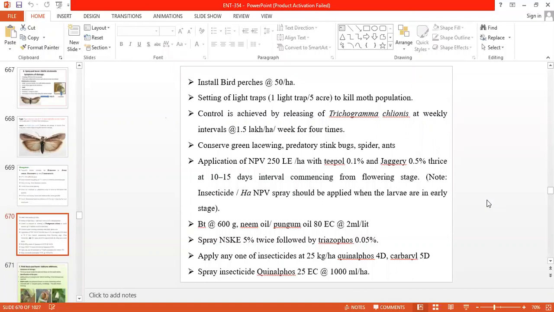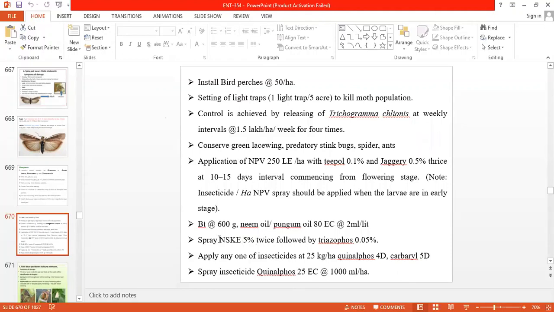Control is achieved by releasing Trichogramma chilonis, 1.5 lakh eggs per hectare per week, 4 times. Conserve green lacewing, predatory stink bug, spiders, ants. Application of NPV 250 liter per hectare with teepol 0.1% and jaggery 0.5%, thrice at 10 to 15 day interval.